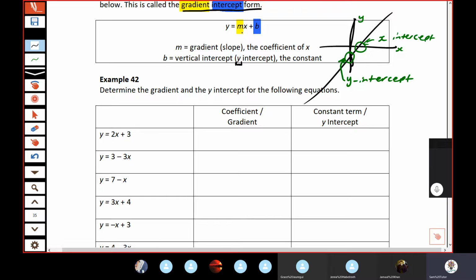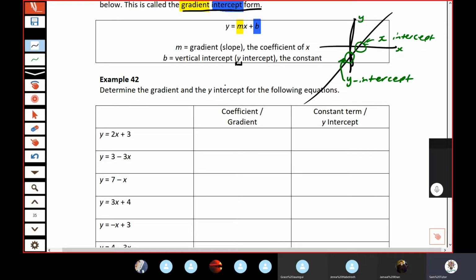The gradient is the number in front of the x, including whatever sign there is. Your y-intercept is the number that's by itself, that doesn't have an x.